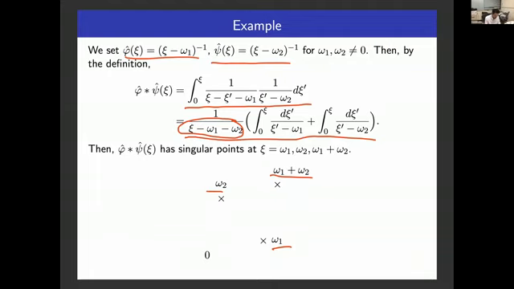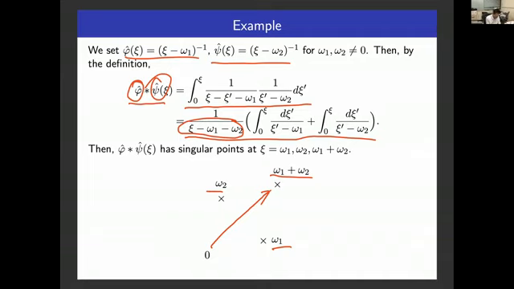But of course, if we go directly from the origin to the point ω1 plus ω2, no singular point appears, because these two functions, φ̂ and ψ̂, are analytic along the line. So the convolution product must be analytic along the line. So this representation says that it has a singular point.